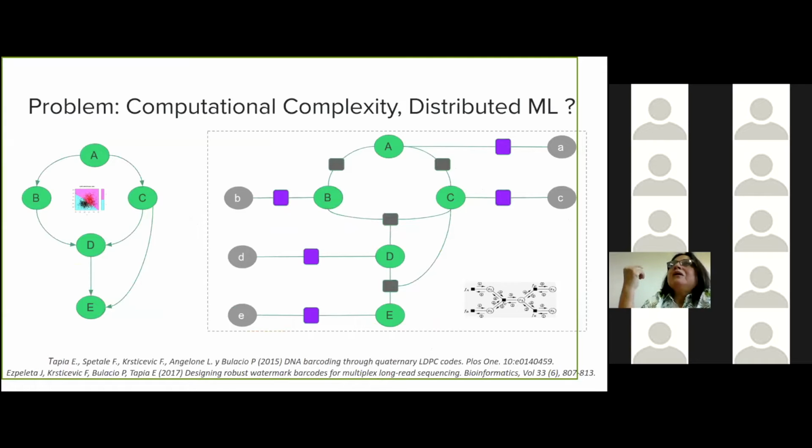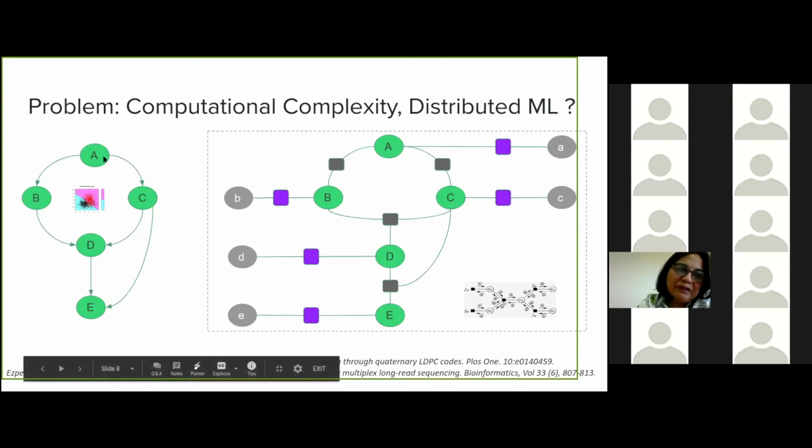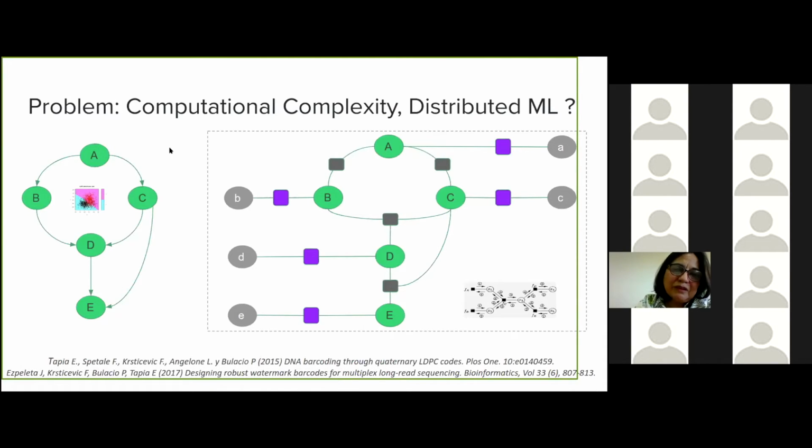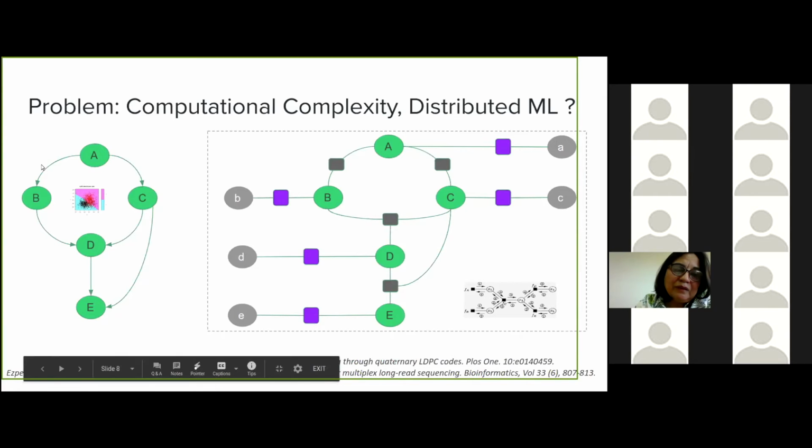So how did we do it with proteins? Inferring this kind of objects, that is, concepts that are related by some constraints like this, entails a high computational complexity. So the idea is to divide the problem into smaller problems.